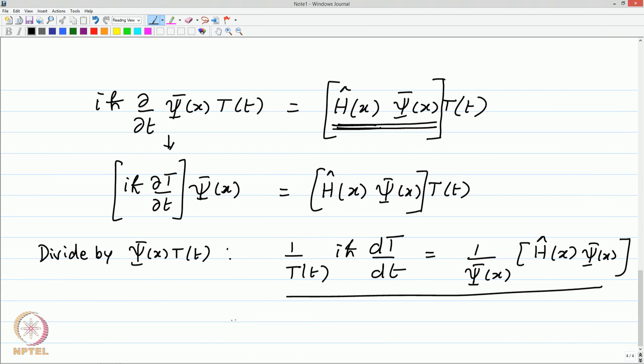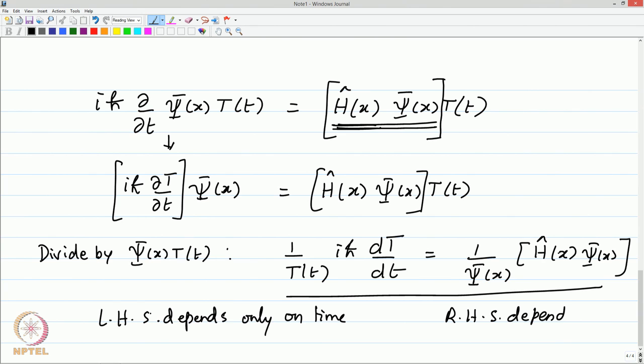Now, please remember, the left hand side depends only on time, and the right hand side depends only on the position coordinate x.